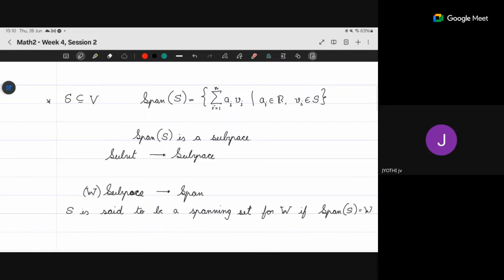So okay, let's take maybe examples. If I take just a single element set, (2, 3), now if I take span of S, what do I have to do by definition? Take all possible linear combinations using vectors from the set.